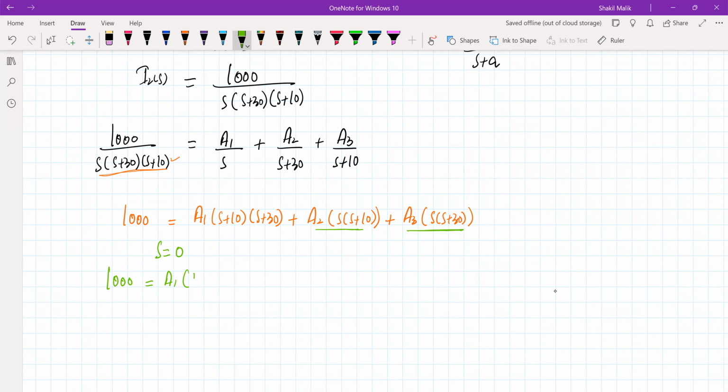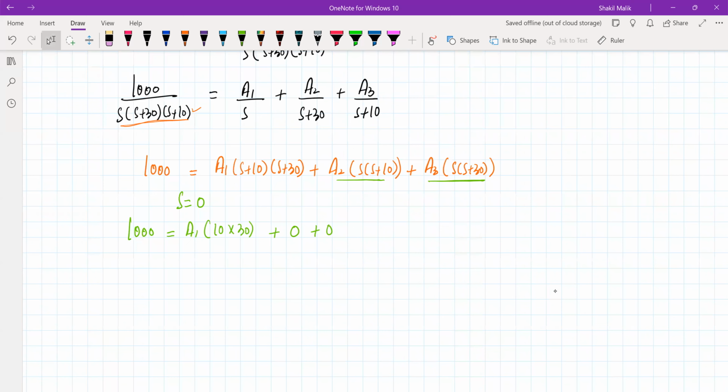A1 times 10 multiplied by 30, and these two terms will be 0 plus 0. So A1 is simply 1000 divided by 300, which is 10 divided by 3, which is equal to 3.33.